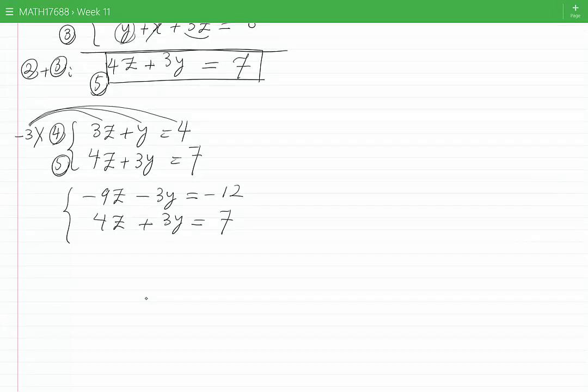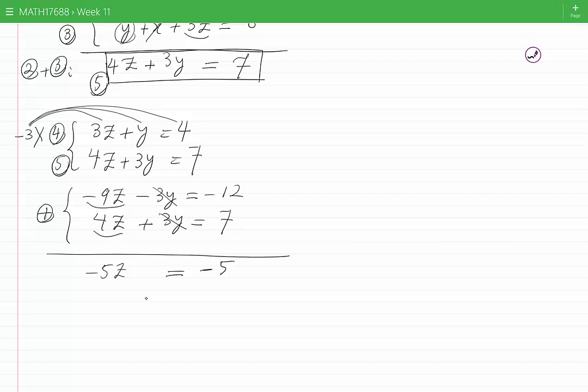Now if we combine these two equations by adding them, we get minus 9z plus 4z, which is minus 5z, and then minus 3y and 3y, which give us 0, is equal to minus 12 plus 7, which is minus 5.